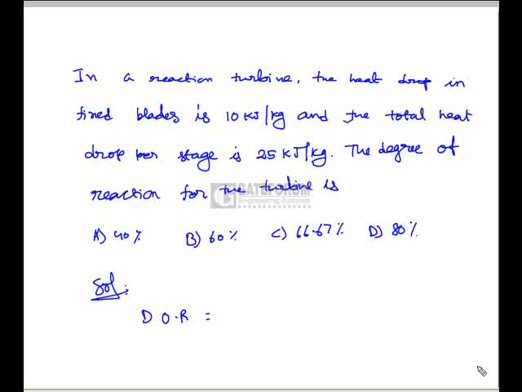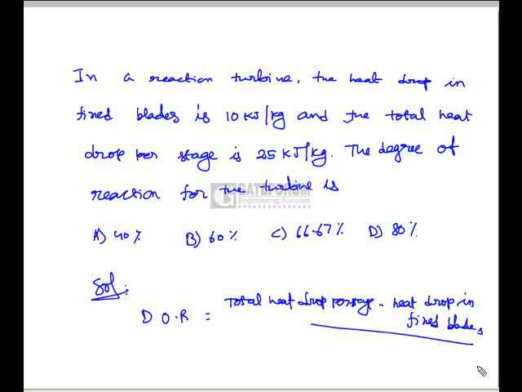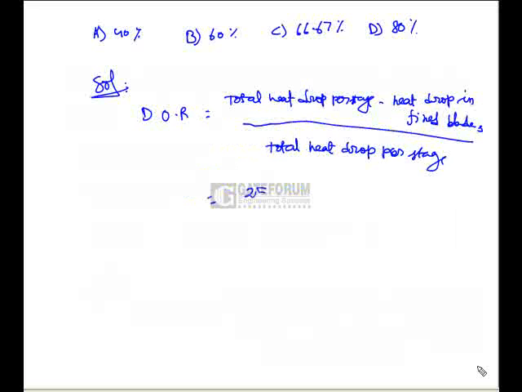So it is (25 minus 10) by 25 into 100, which is equal to 40%, and the right option is A. A is the right answer.